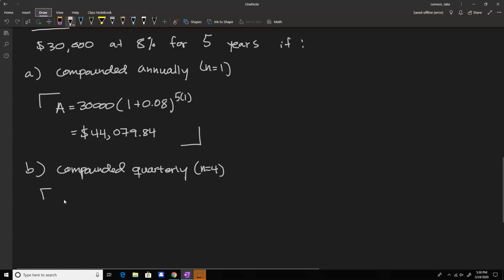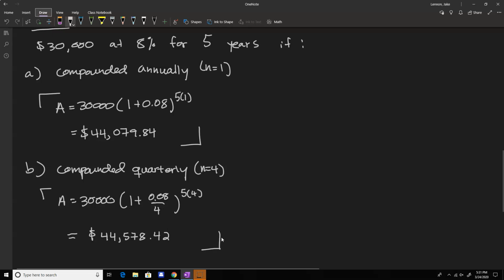So in this case, we would have A equals 30,000 times 1 plus 0.08, but now we need to divide that number by 4, and then in the exponent, we're doing 5 times 4. If you punch this into your calculator, you will get $44,578.42. Notice you're making almost $500 more than in A with the same interest rate.